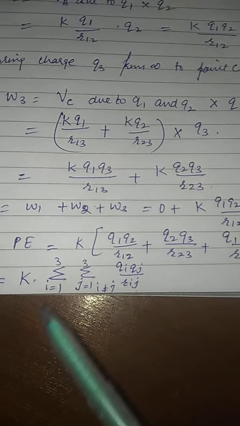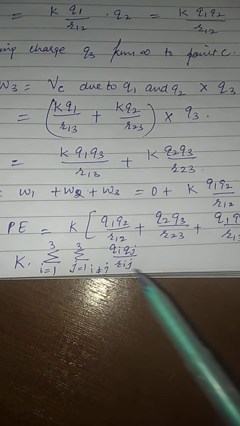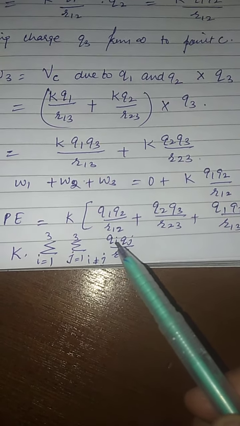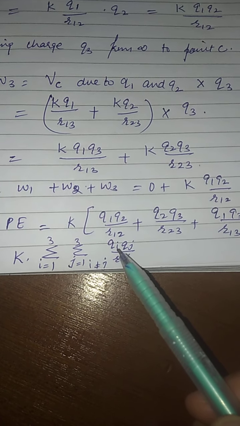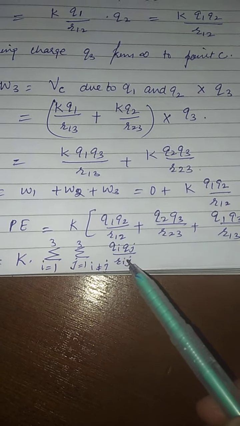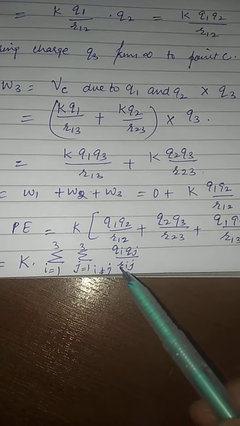You can see as i is going from 1 to 3, j is going from 1 to 3, you will get the same term 2 times. For example, you are getting one term Q1 Q2 over R12, you will get another term Q2 Q1 over R21, which are the same terms.